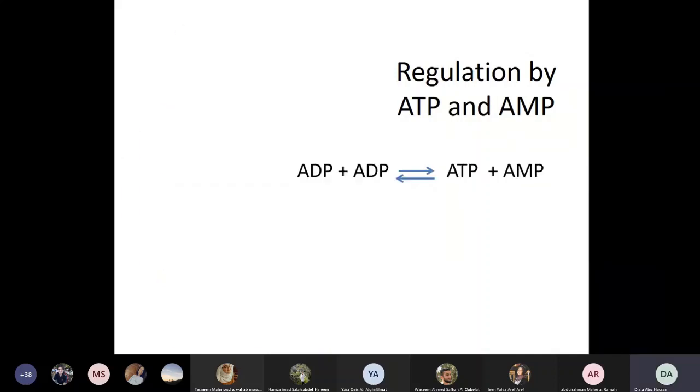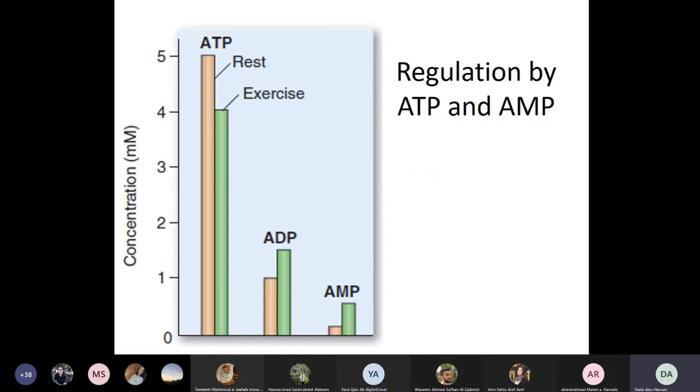Let's talk about the regulation of other enzymes like phosphofructokinase, for example, and the ATP molecules and AMP as well. So let's compare these different states. We have the exercise state, whenever you are exercising or you are resting.